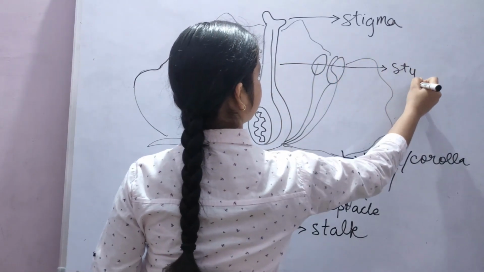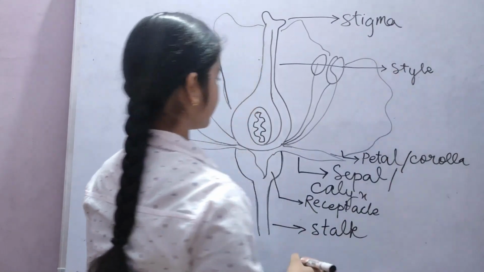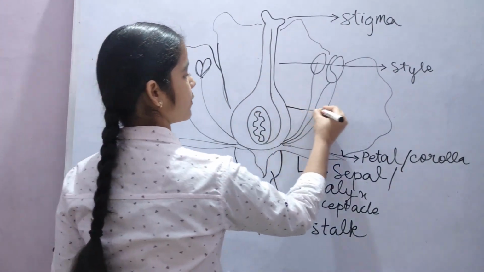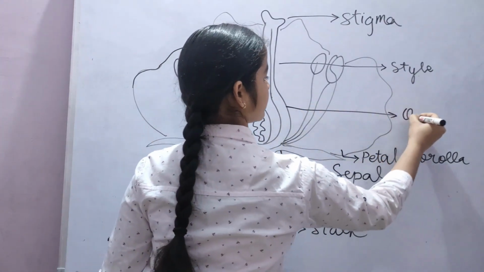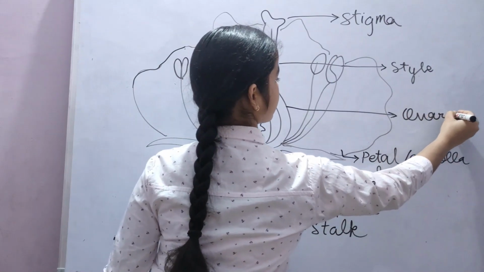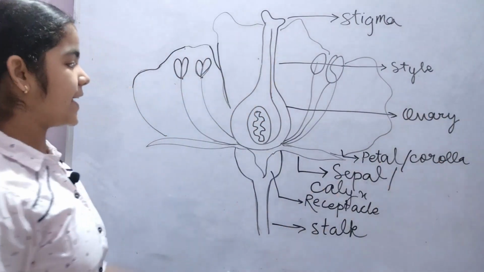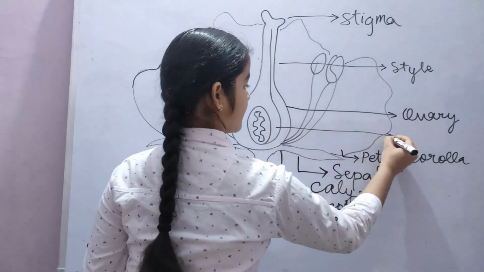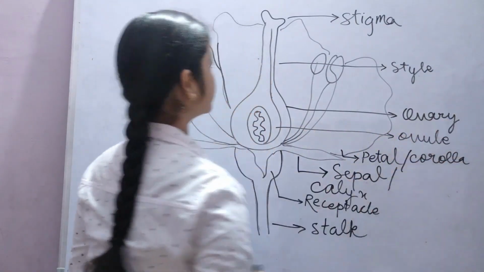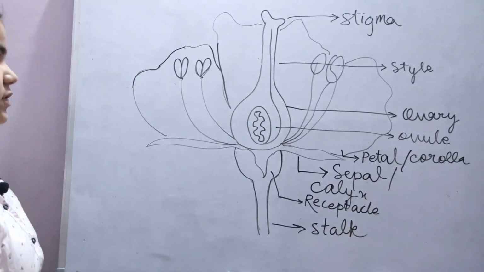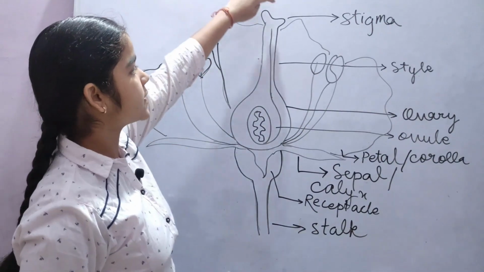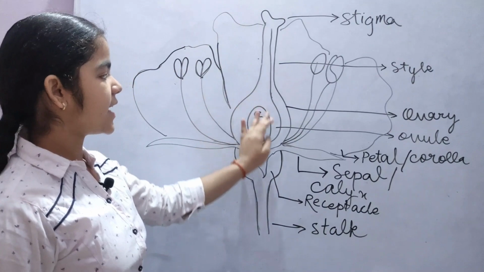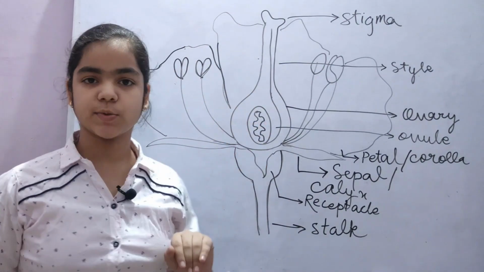Next we have ovary. Inside the ovary is contained ovule. So basically, the pollen grains from the male part come on the stigma and through the style reach the ovary, finally to the ovule.